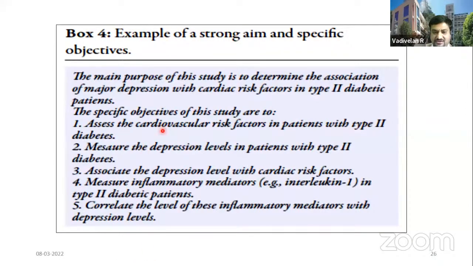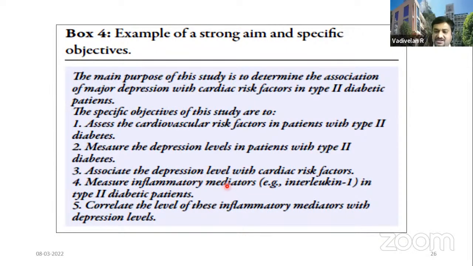So based on that, you can go for a strong and specific objective. For the case of type 2 diabetes associated with anxiety and depression: assess the cardiovascular factors in patients with type 2 diabetes. Objective 2 may be to measure the depression levels in patients with type 2 diabetes and associate the depression level with cardiac risk factors.